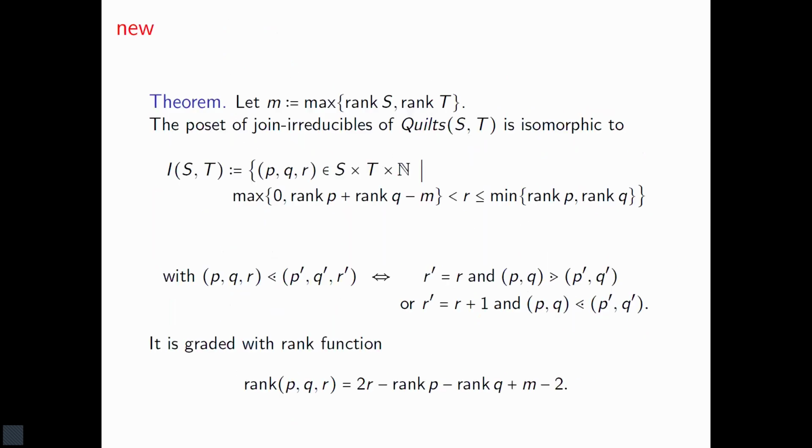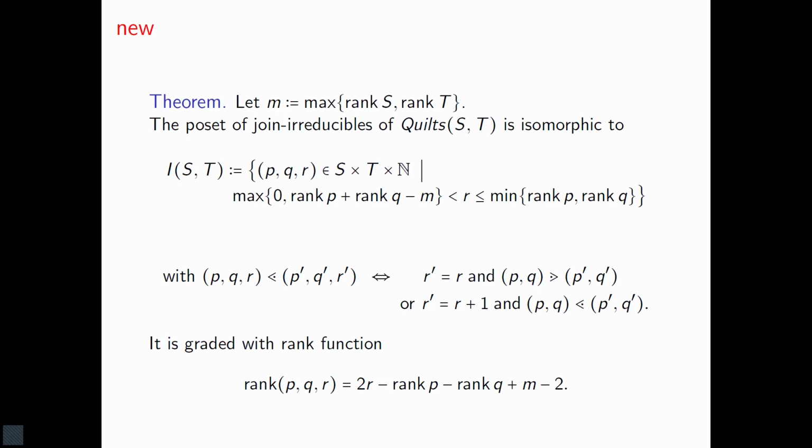So now there's one theorem in this talk, which is this. Something interesting happens if I take, and I actually don't know whether this was known for alternating sign matrices, the join irreducibles of any quilt lattice.